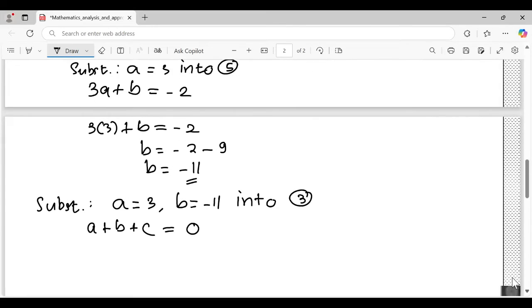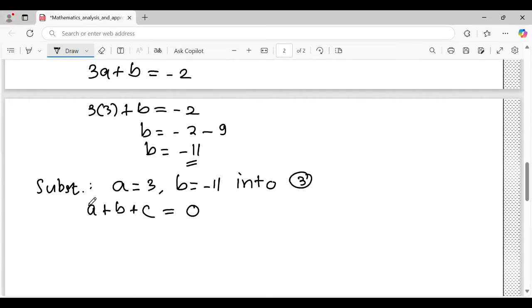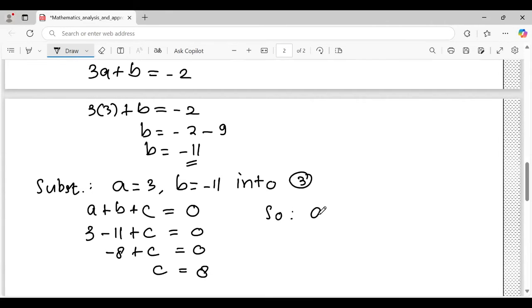So it means 3 minus 11 plus c equals 0. 3 minus 11 is minus 8, plus c equals 0. That means c equals 8. So a equals 3, b equals minus 11, and c equals 8. That's the solution.